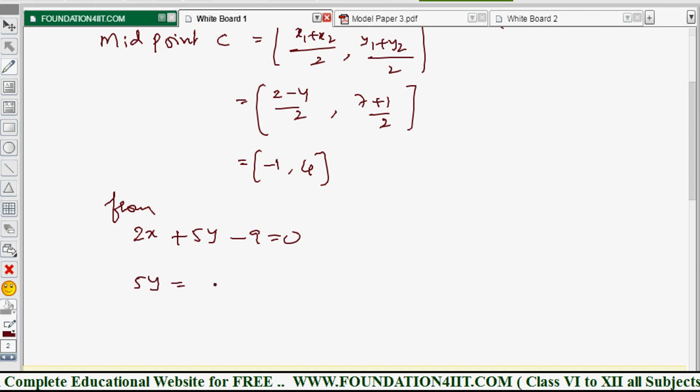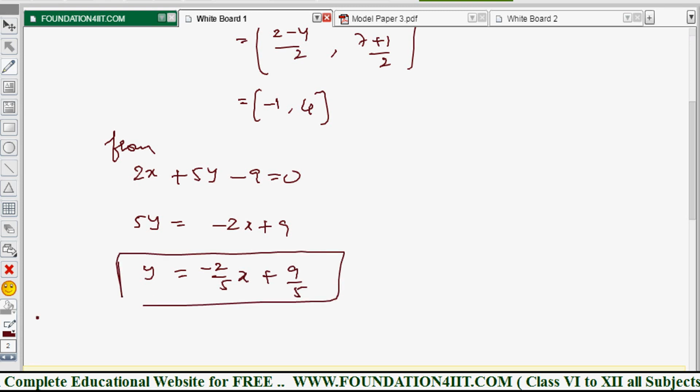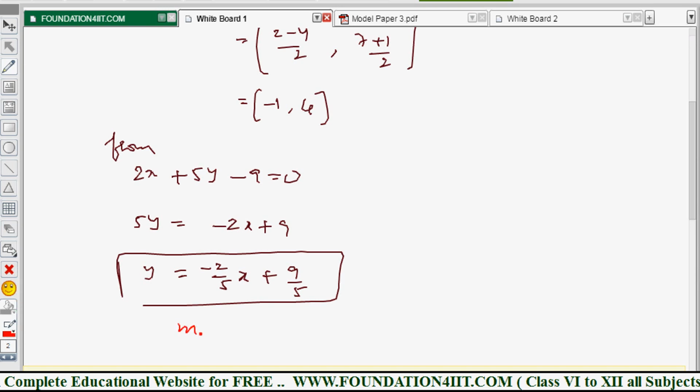Then 5y = -2x + 9, so y = -2/5 x + 9/5. So here the slope m1 is -2/5. The same slope applies for the required equation.